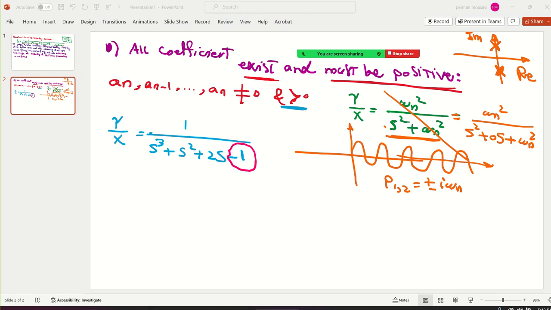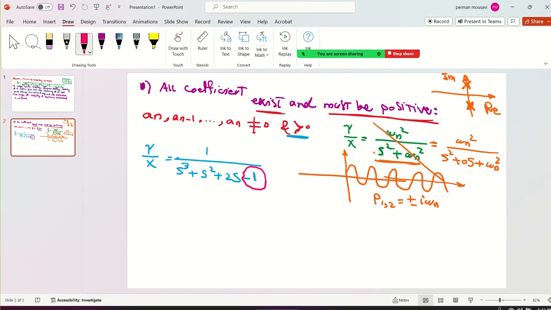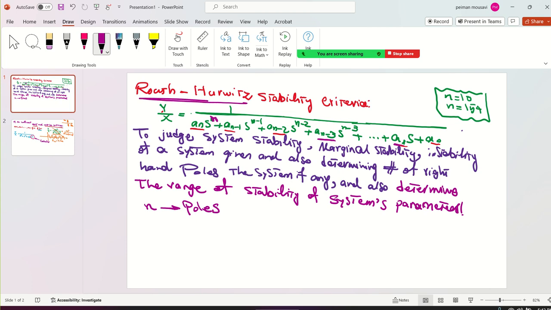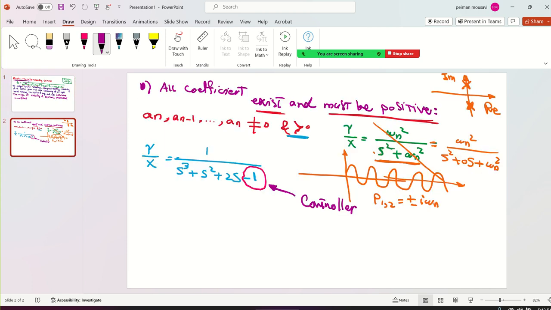Okay, so you as a control engineer see, oh, I don't know what's happening today with this PowerPoint. Okay, I have a danger here, and you have to design a controller to fix this. We're gonna do that together after, and we're gonna use this Routh-Hurwitz to design the controller. But this is the first condition.